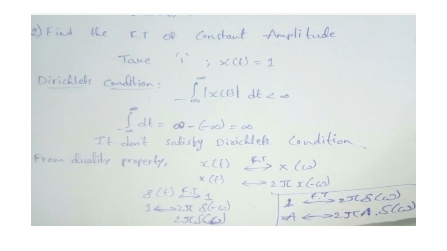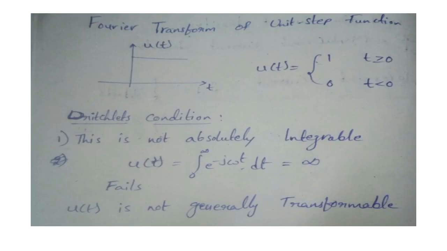If we consider the standard signal as a unit step function, we know that the unit step function u of t is equal to 1 for t greater than or equal to 0 and 0 for t less than 0. But before performing the Fourier transform, the Dirichlet condition should be satisfied.